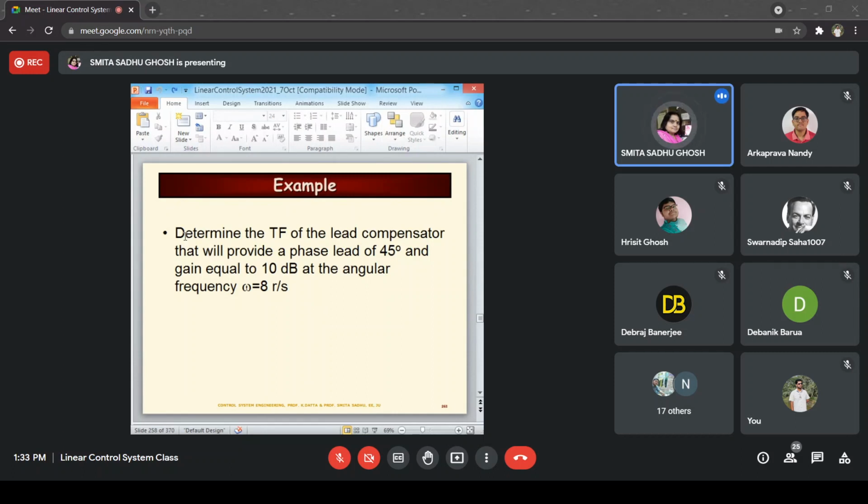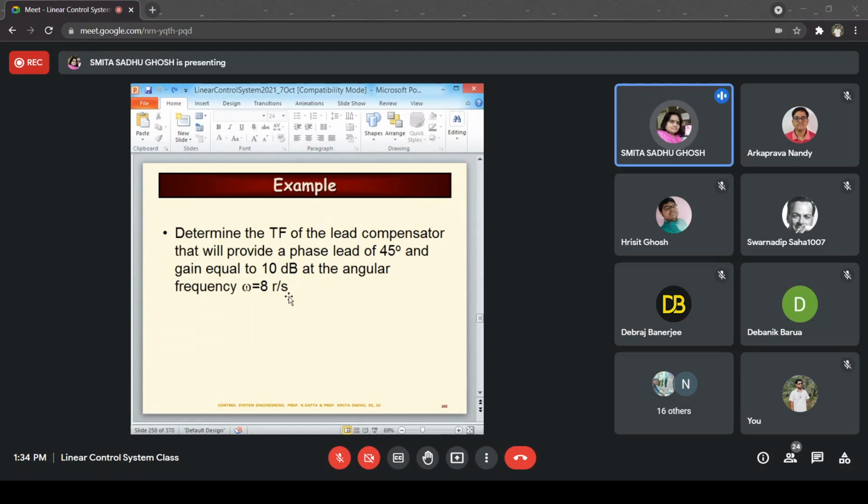Now, the example, of course, is worked out, but let us see how to do it. Determine the transfer function of the lead compensator that will provide a phase lead of 45 degrees and gain equal to 10 dB at omega equal to 8 radian per second.